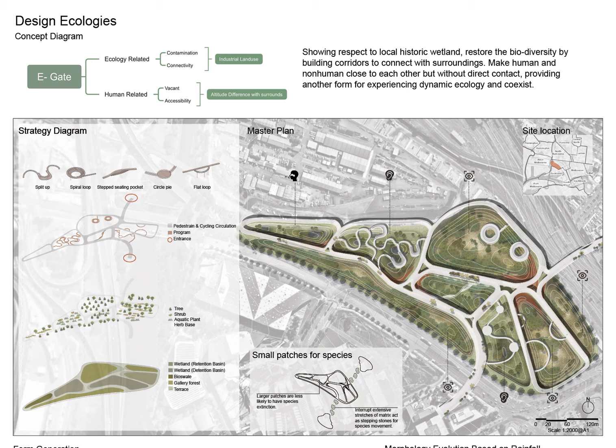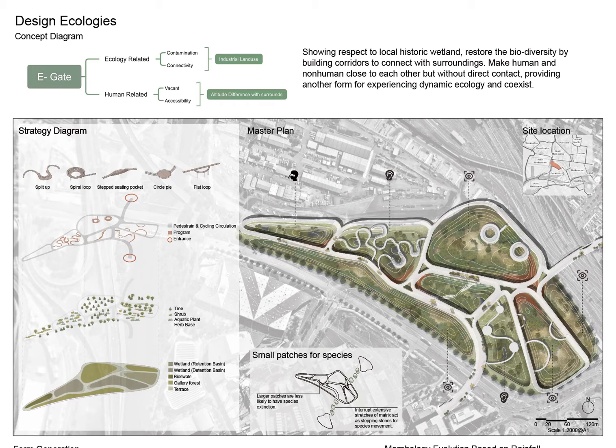My presentation today mainly focuses on the major design of our e-gate and will explain how the site changes over time. Firstly, according to the previous research, the problems of the e-gate can be related to ecology and human use, detailed as the contamination on the site because of the industrial use, disconnection of the species, and human accessibility problems.